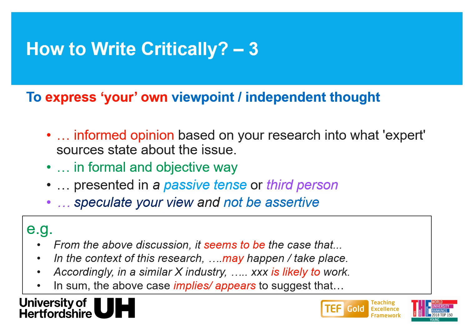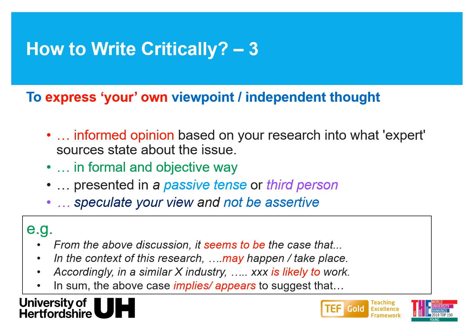And the second example here: in the context of this research, something may happen or take place in this particular context. Again, you are using "may" to indicate your speculation. Another two examples use "is likely to be," "implies," or "appears."